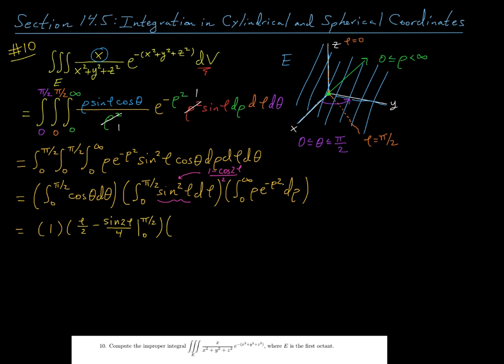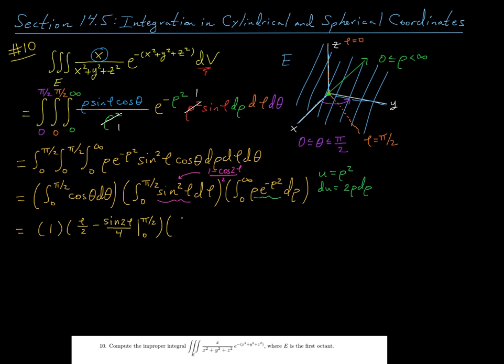And then for this last integral, since we have this rho hanging out front and we have a rho squared up in the exponent, that suggests making the substitution u is rho squared. And then we get 2 rho d rho for our differential. And so what are we going to get?